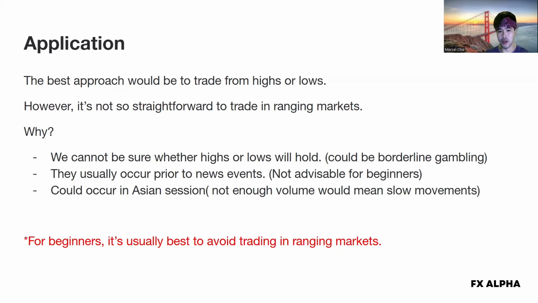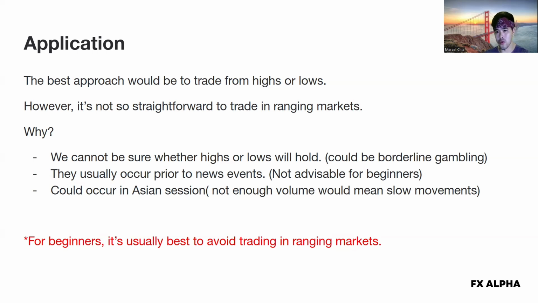Then the next scenario is that ranging markets can also occur either in the Asian session, or at the end of the US session, during the late US session when the London session has already closed. This usually means that in these sessions, there's very little volume. So there's slow movement, and when there's slow movement, price will just range at your entry levels.